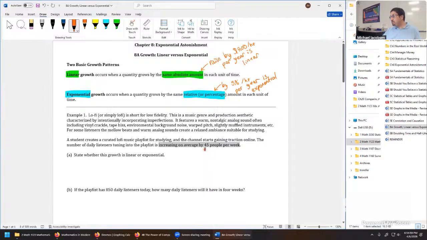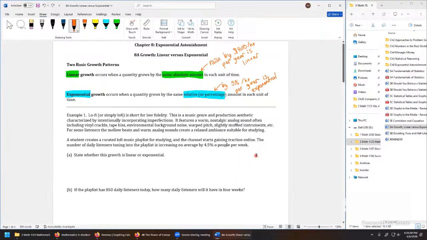If they said something different, if they said, say, 4.5% of its size of people per week, I guess that's a complete sentence. If it was growing that way, then it's changing by a relative amount, or a percentage amount is usually how I would say it, every single week. And that's what would make it exponential in this context.